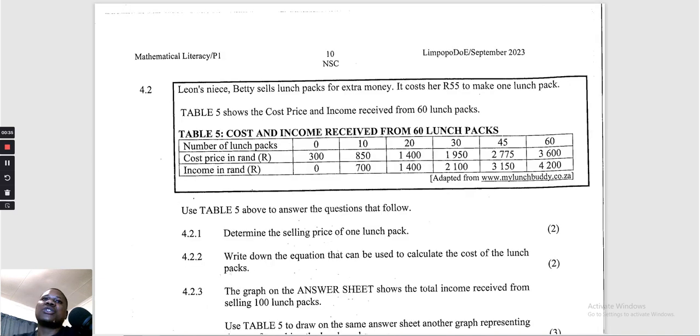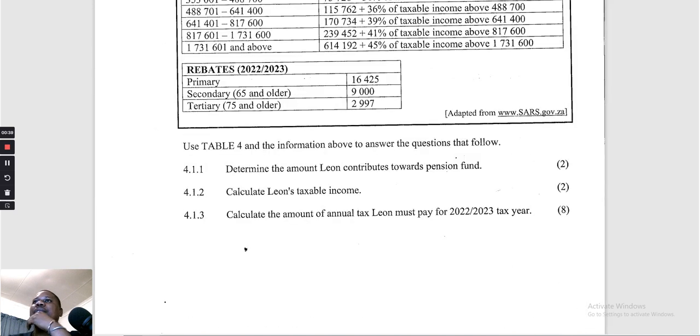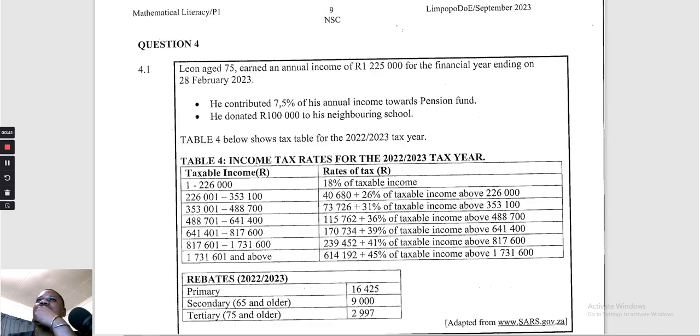Okay, so here we are, we've jumped into question number 4. Let's see what question 4 has for us. Oh, I see taxation there. Oh, my favorite. When I see this, I know that I have marks. So okay, Leon, age 75 and an annual income of 1,225,000 for the financial year ending on the 28th of Feb 2023.